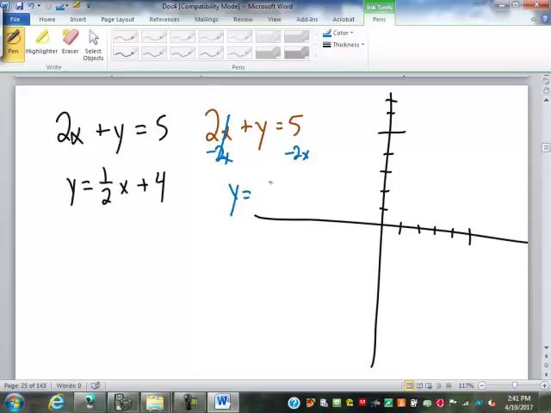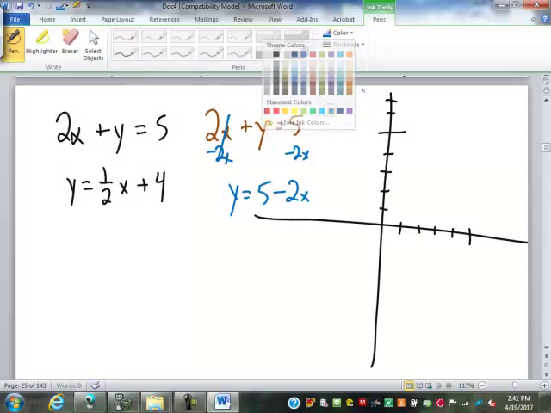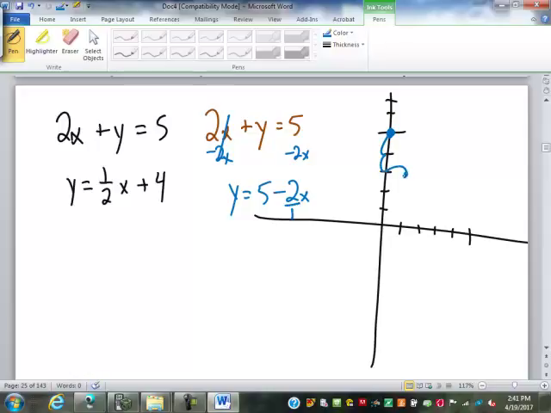So y equals 5 minus 2x. It's actually now ready to graph. So where am I going to start? At 5, and from there I'm going to go down 2 over 1. Perfect. I make that a negative 2 over 1, so I go down 2 over 1. So there's my line.